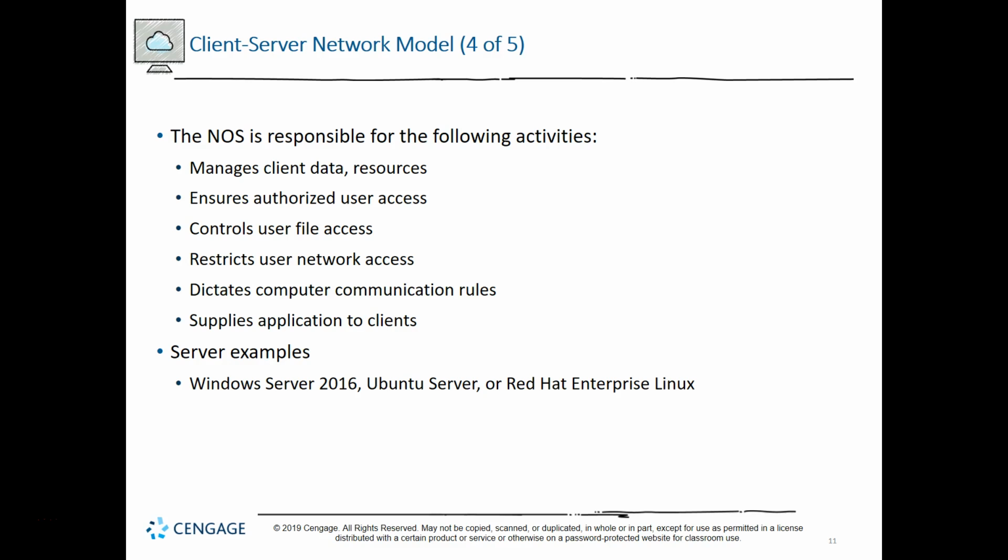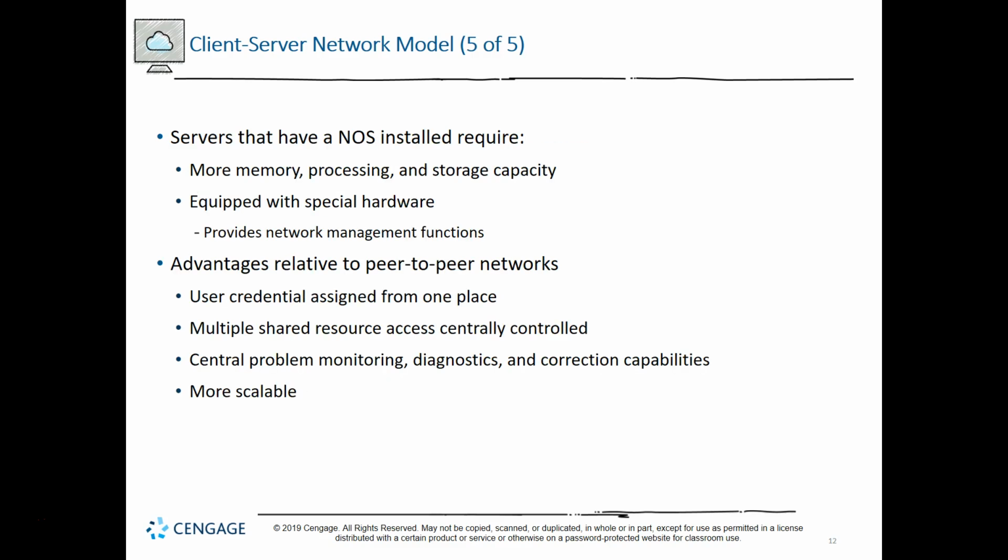So one of the differences, though, is in terms of pricing. So when we look at advantages and disadvantages, one of the issues is going to be some disadvantages. For one, a server typically has a lot more memory. It typically has a lot more processing capability, more storage capacity. It typically has special hardware.